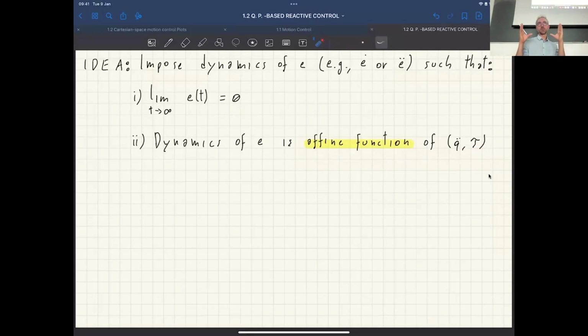Because I can take this expression for the dynamics and use it as a cost function that is affine in my decision variable. And imposing that dynamics lets the error go to 0, which is what I want eventually to happen. It's a bit abstract, I know, but now we're going to see some examples to make it more concrete.